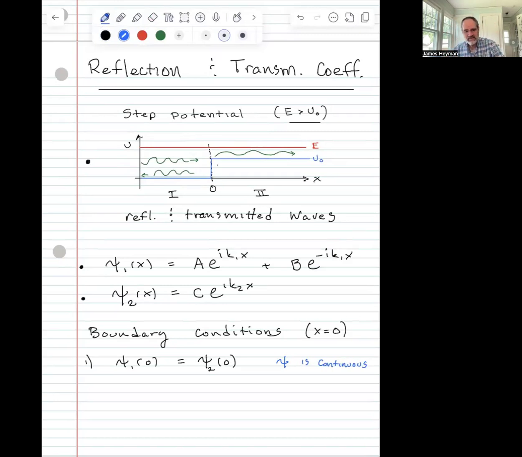That doesn't make any sense. The second boundary condition is that the first derivative of the wave function with respect to x must be continuous also.